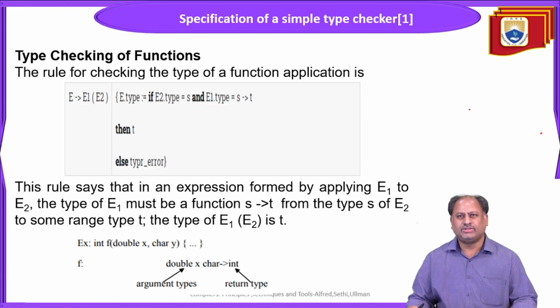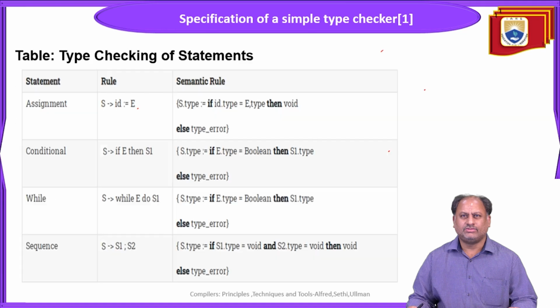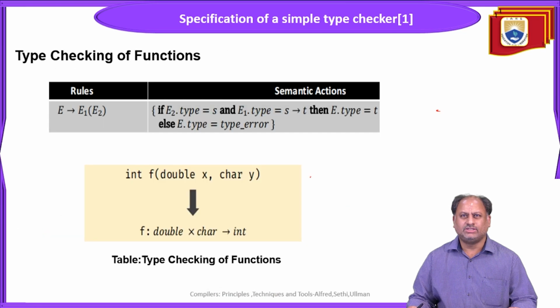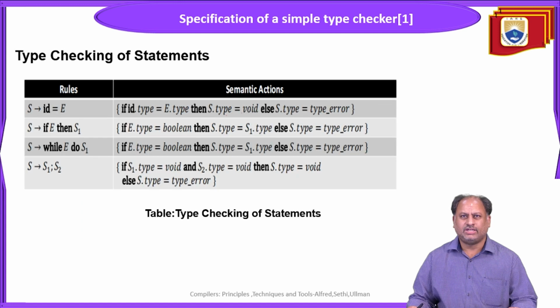So E1 of E2 and E2 of it. For functions, the corresponding expression is E1 dot type, E2 dot type. So we are going to verify these corresponding statements as well as the functions, statements, if condition, while condition, and sequence of statements.